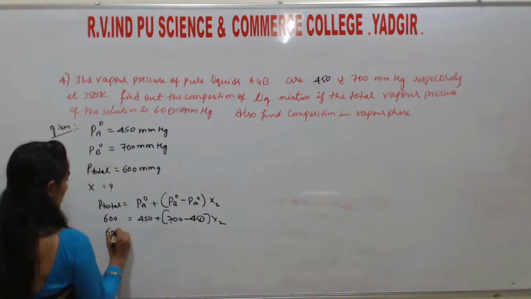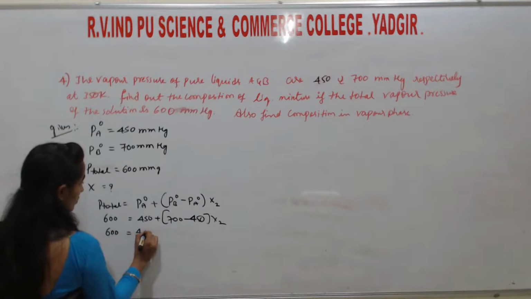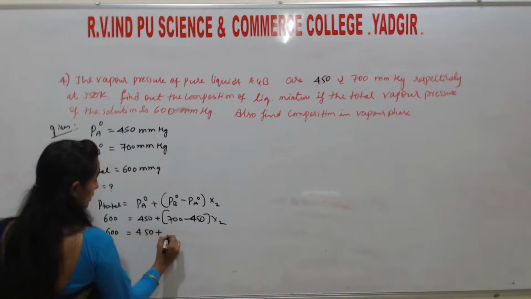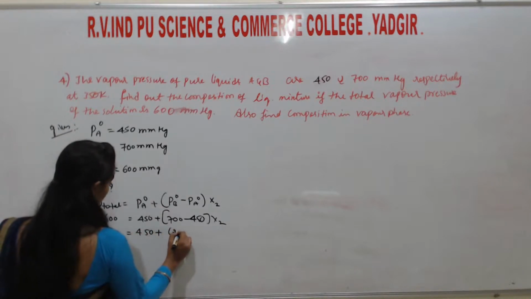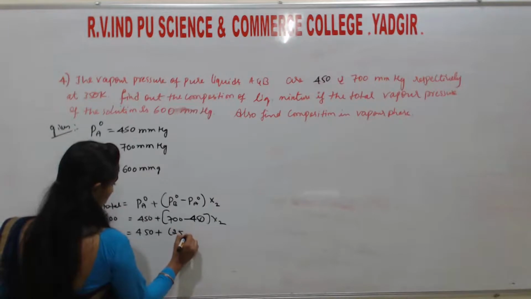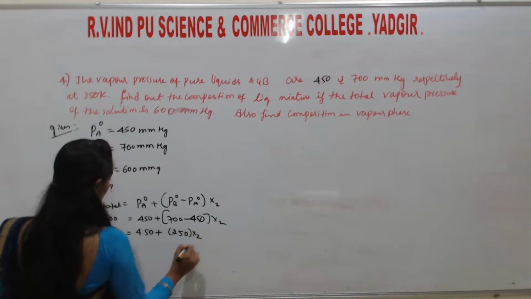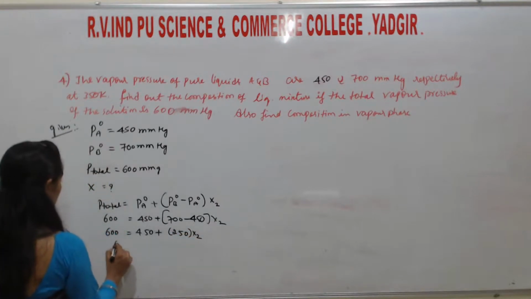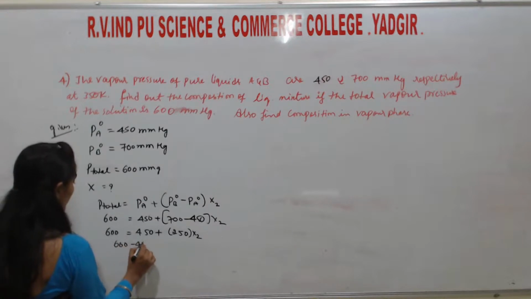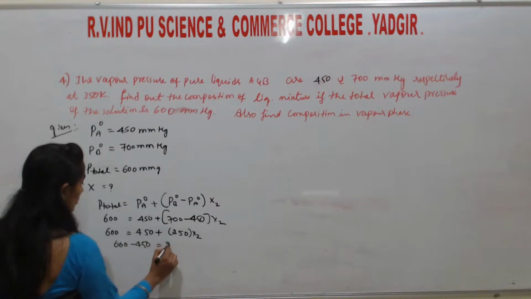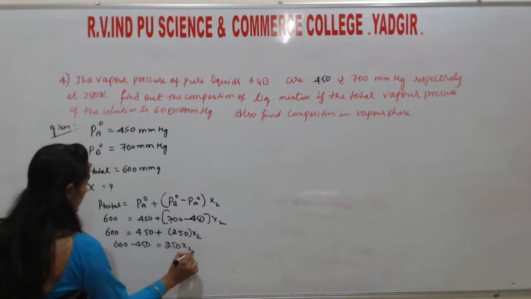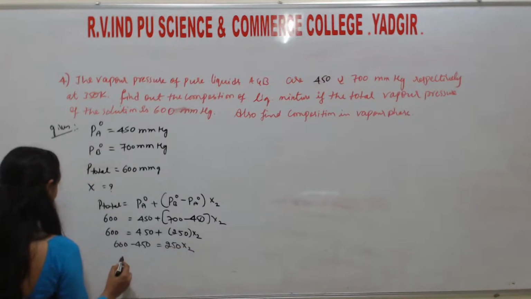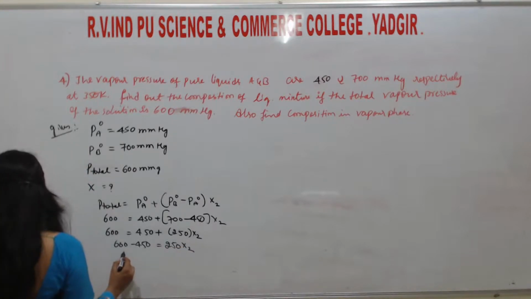So 600 is equal to 450 plus 250 extra. 600 minus 450 is equal to 250 extra. So here we will get how much, students?